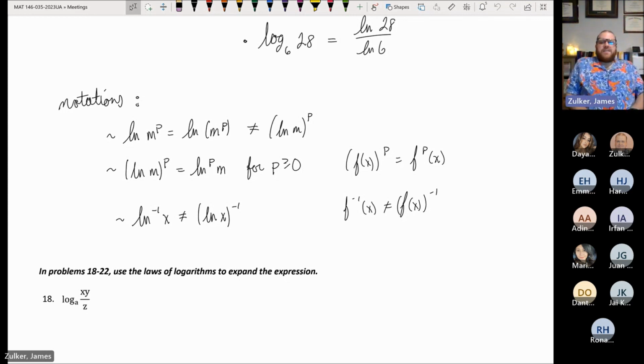So what we're going to do is expand the following expressions using the properties of logs.